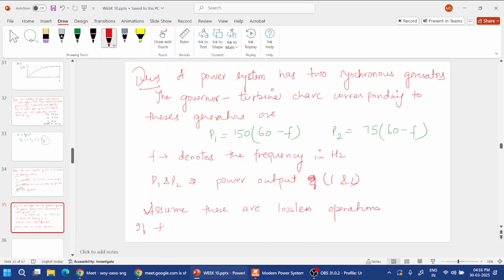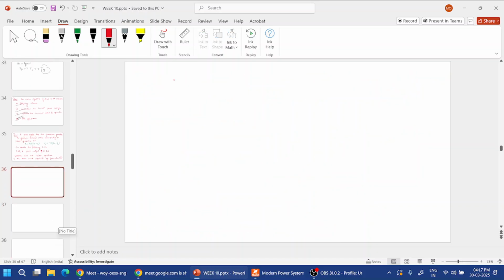If the total load supplied by the generators is 1 megawatt, find the no load frequency at generator 2.